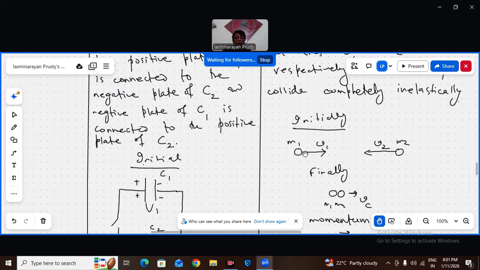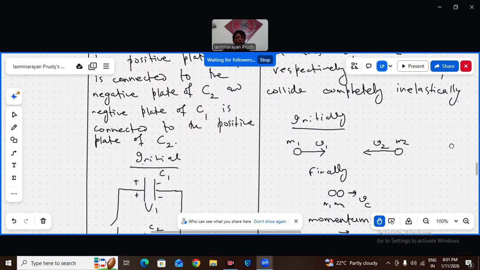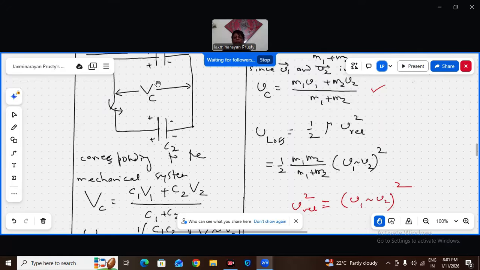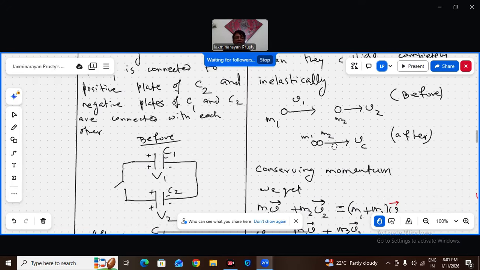Opposite plates connected means opposite polarity connected, meaning they are traveling in opposite directions. Same polarity plates connected means they are traveling in the same direction.